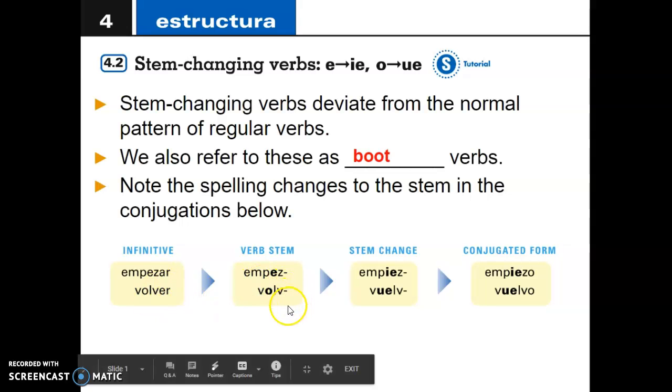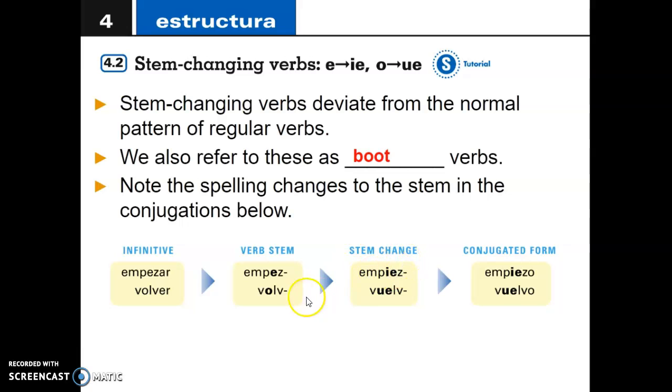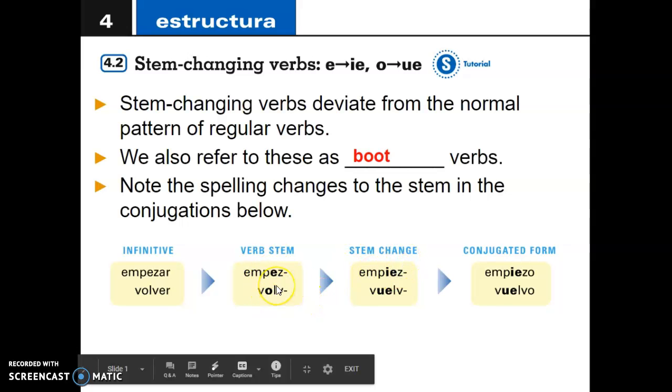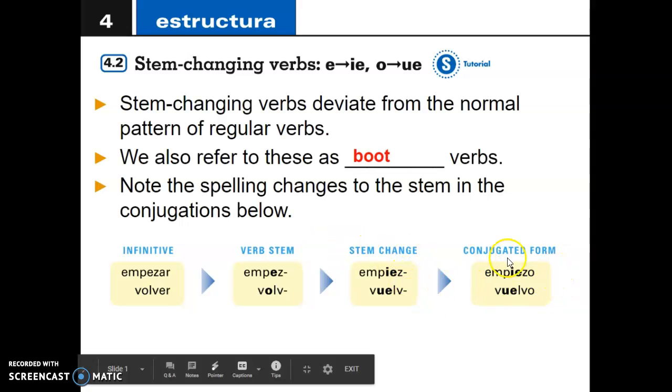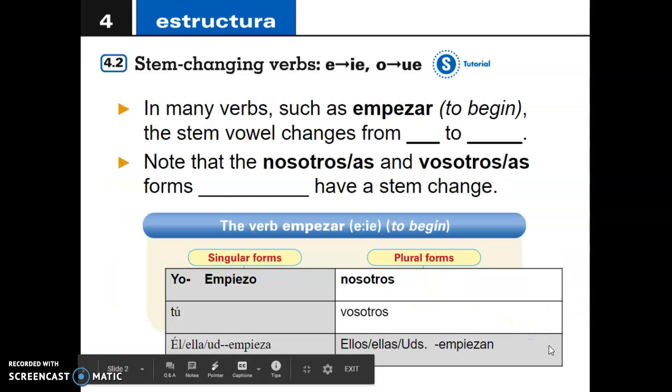ER verbs are a little bit different. But instead we have a stem change. A vowel in the stem is going to change. Empiez. Then we add our normal endings. Empiezo. This one changed from O to UE, so it went to vuelvo. You'll see what we mean by boot in a second.